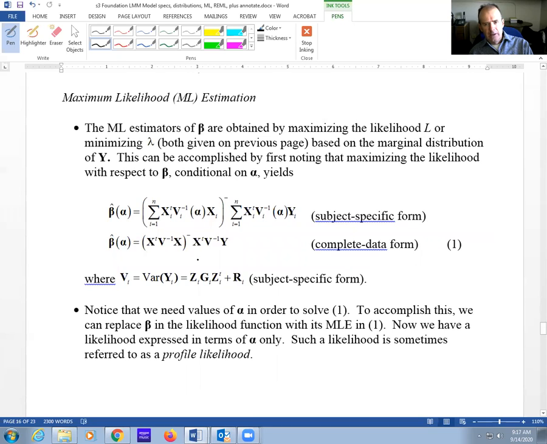And it looks a lot like what we see for a general linear model. It's just that you have an extra V inverse inside. So that's what the algebraic form looks like for the estimator of the fixed effects.